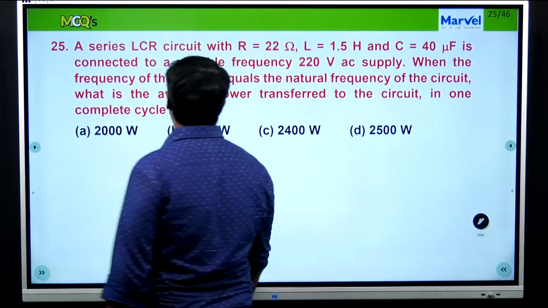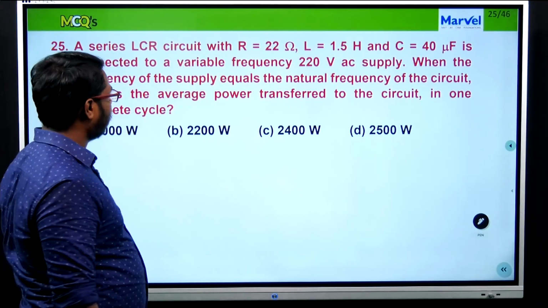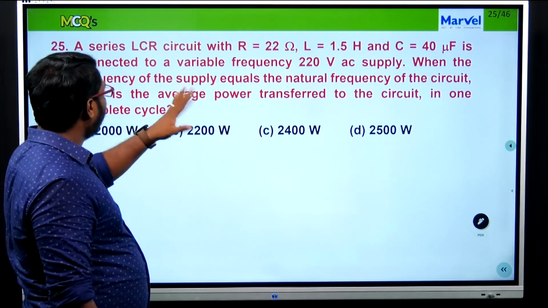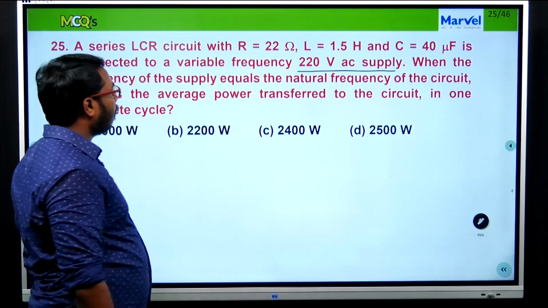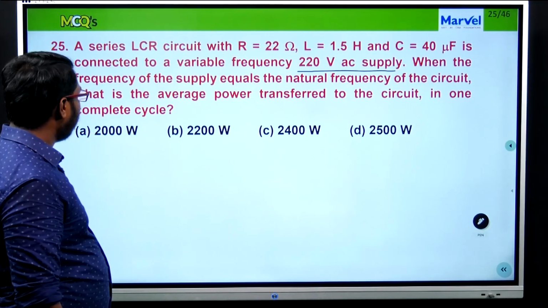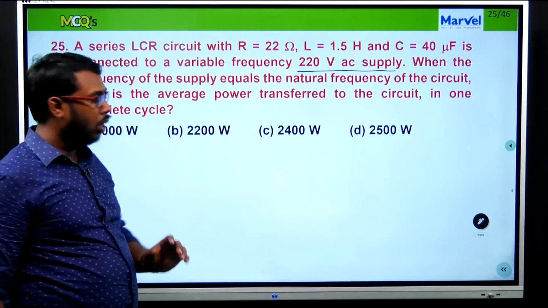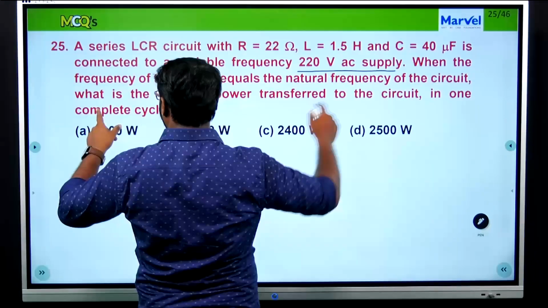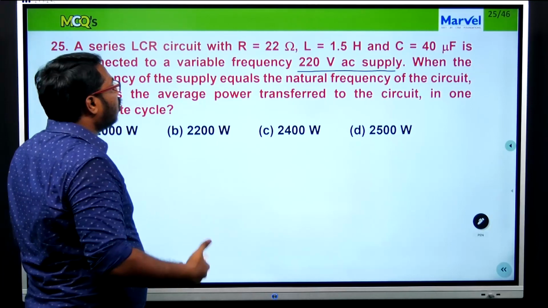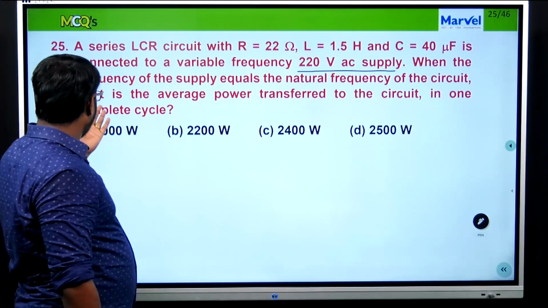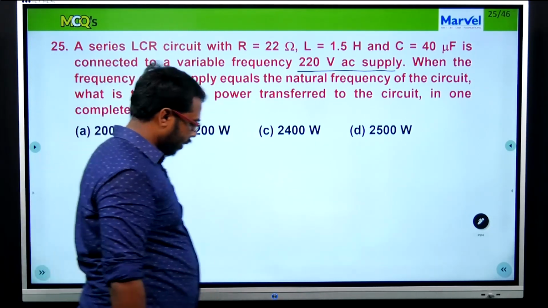Here it's an LCR circuit where we have a resistance, inductor and a capacitor connected to a variable frequency 220 volt AC supply. When the frequency of the supply is equal to the natural frequency of the circuit, remember very well, what is the average power transferred to the circuit in one complete cycle?